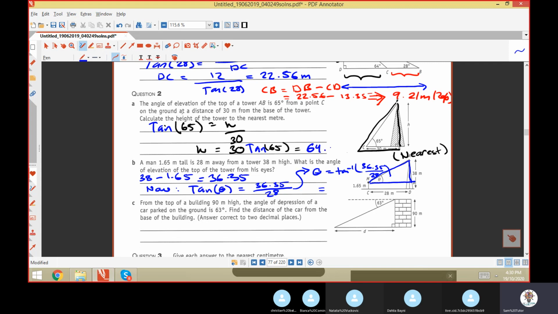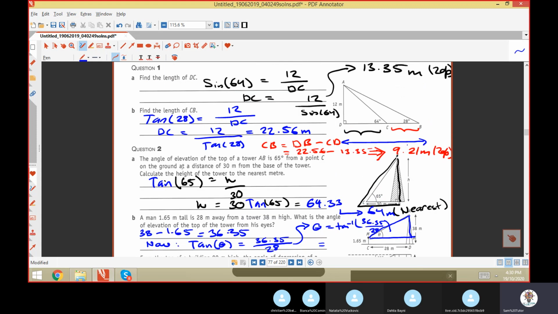Which question particularly? Question 1, B. It's asking you to find CB. I know what I'm supposed to do, but I only get one random answer. Is it rounding?